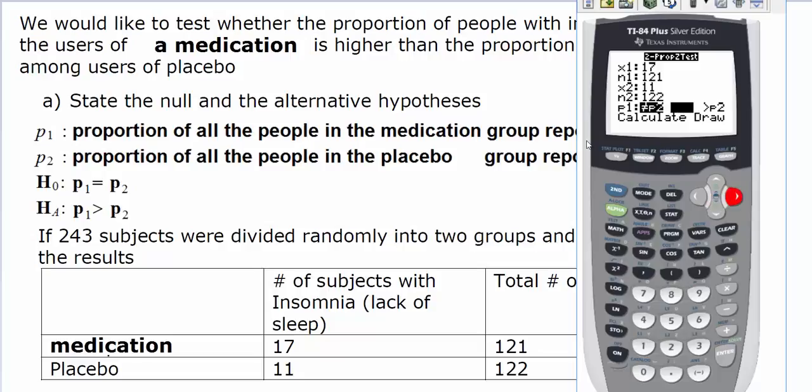And my alternative is that P1 is greater than P2. So we will ask it to calculate, and my p-value comes out to be about 0.22. So in this case, again, we are not rejecting the null, all right. We do not have significant evidence that the medication group has a higher incidence of insomnia, okay?